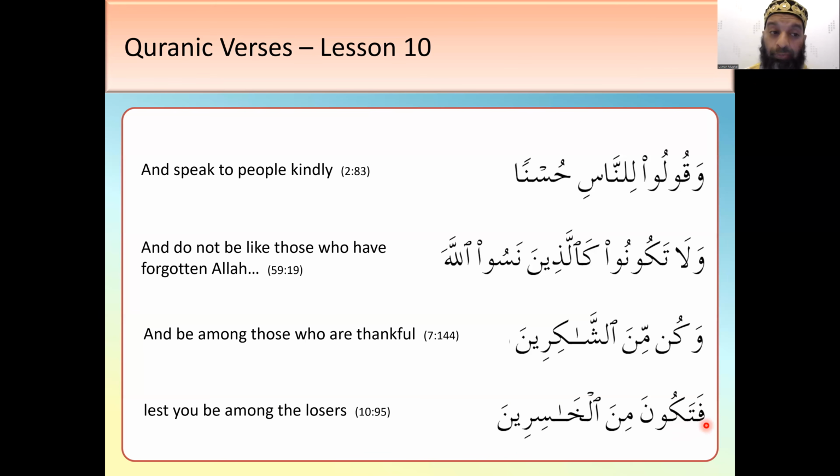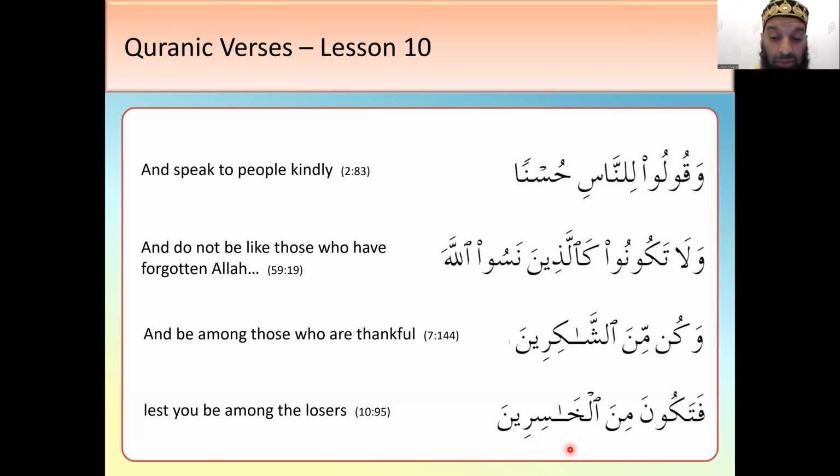So fatakunu, lest you be. Look at takunu in the table. I've translated it as you are. You are and you be, very similar. Lest you be min, from.